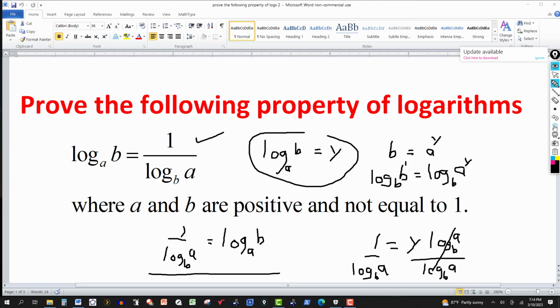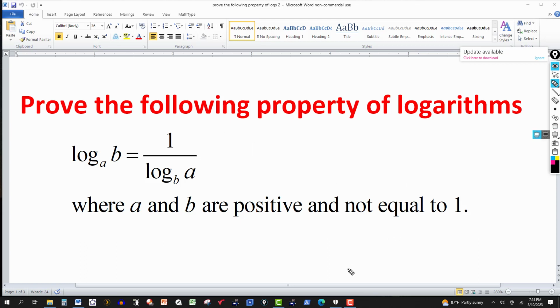We could also work it out this way and say, let's start off with the log of b to base a, and we're going to change the base now.